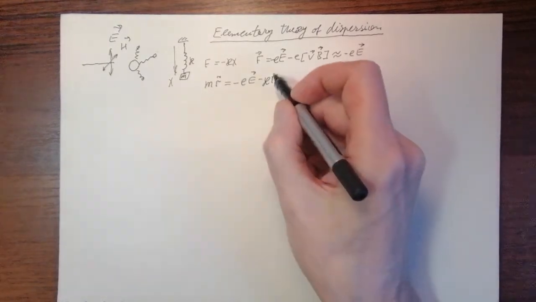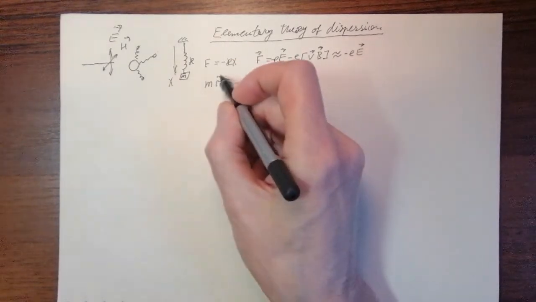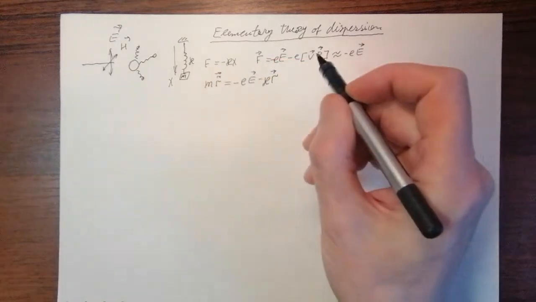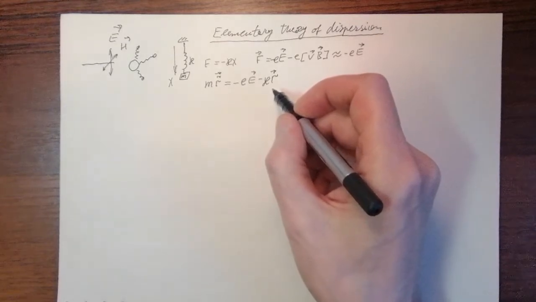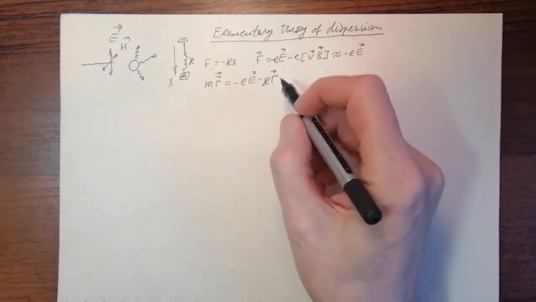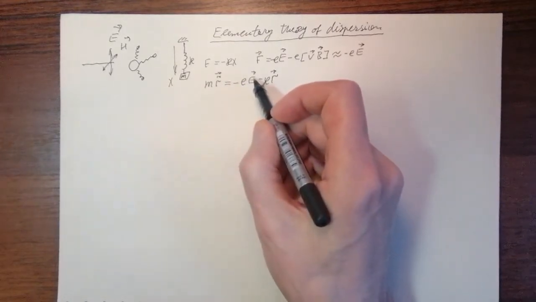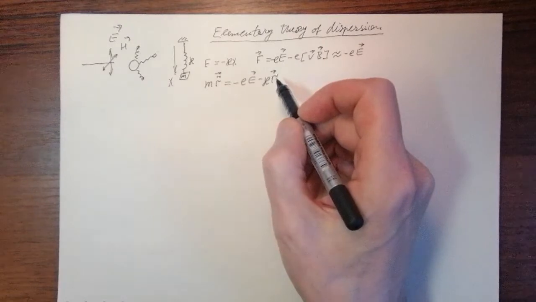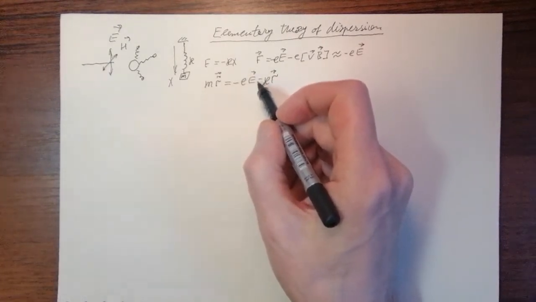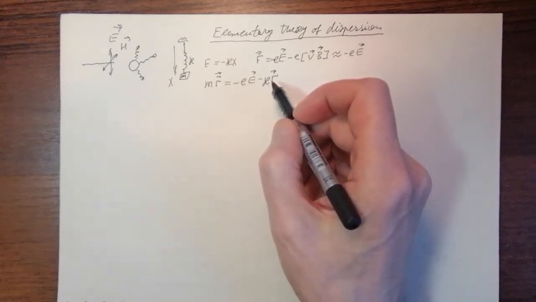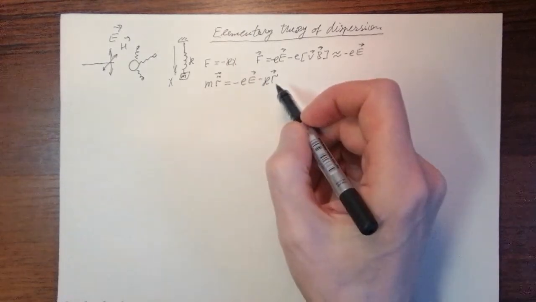Now we can rewrite this equation. First of all, we can suppose that the displacement is in the same direction as E, so we can take a projection on this direction and write down this equation already without vectors.